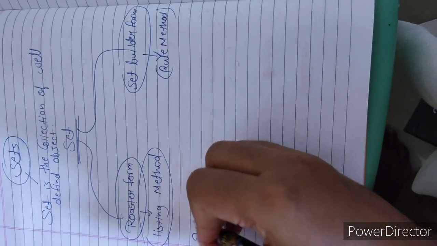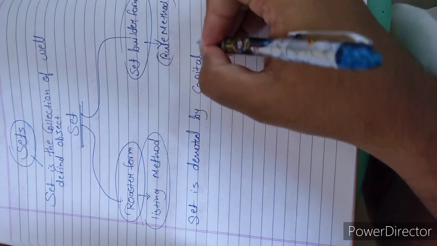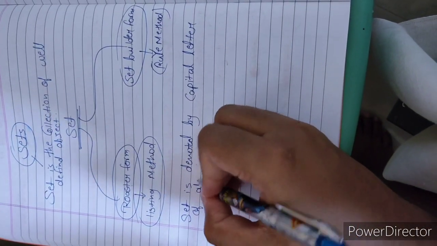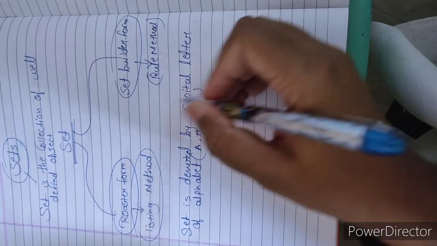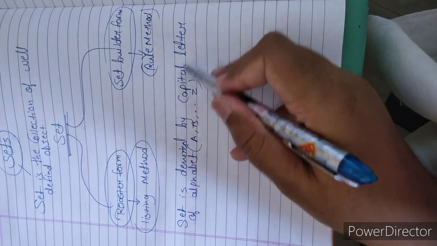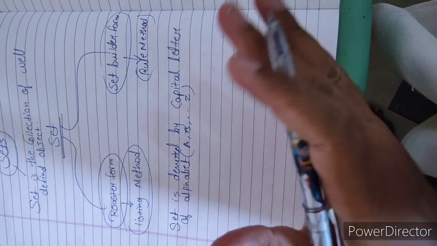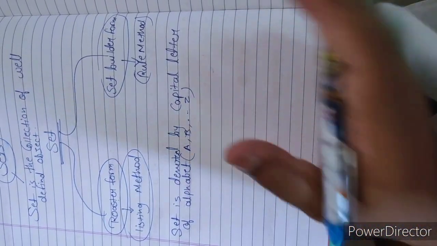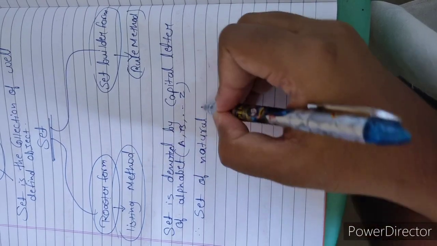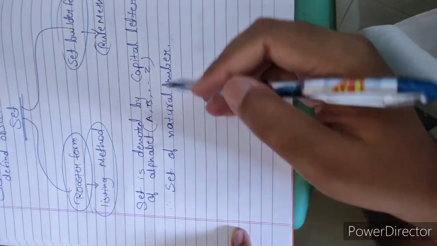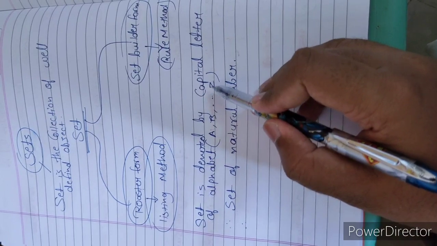A set is denoted by capital letters of the alphabet, for example A, B, till Z. We can denote the set by any capital letter from A to Z. For example, if we are taking the set of natural numbers, we know that natural numbers start from 1, so we use any alphabet from A to Z for denoting the set.